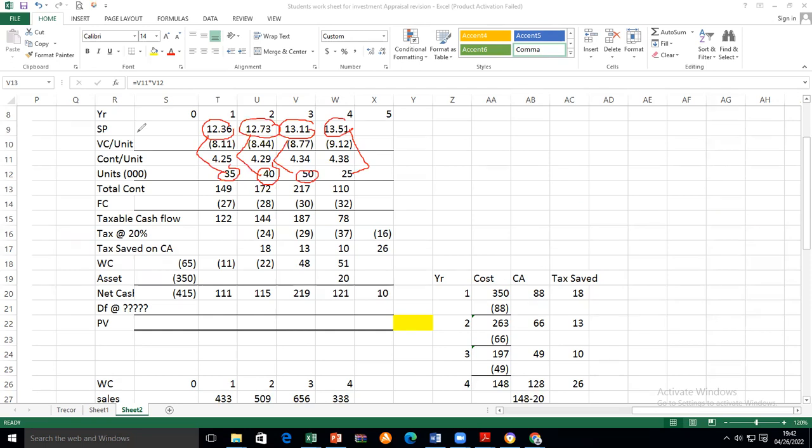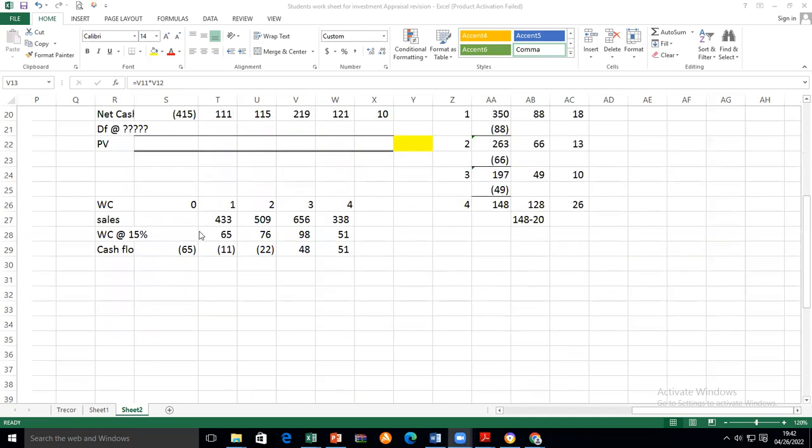And working capital is normally linked. Working capital is a proportion of sales. This time around it is 15%. This time around, we are told to apply 15%. So let's apply the 15%. So here we are. Our sales revenues, selling price multiplied by the volumes, are here.